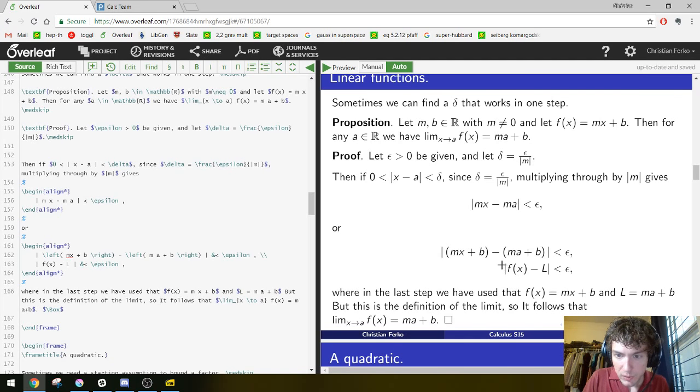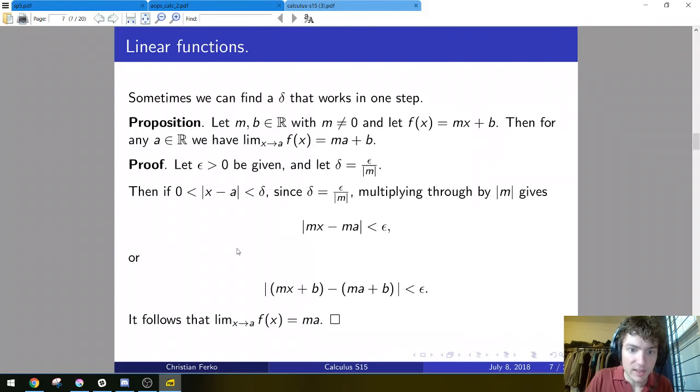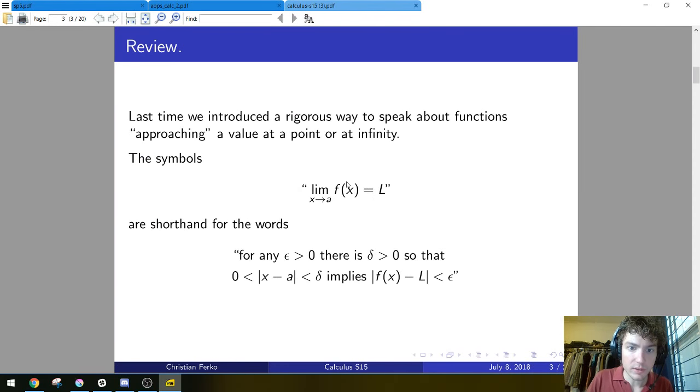So we've shown that the absolute value of f of x minus L is less than epsilon, assuming that 0 is less than the absolute value of x minus a is less than delta. So the thing that we've proven is that whenever 0 is less than absolute value of x minus a is less than delta, it automatically holds that the absolute value of f of x minus L is less than epsilon. But that long sentence that I just said is exactly the sentence which the limit existing is shorthand for, right?